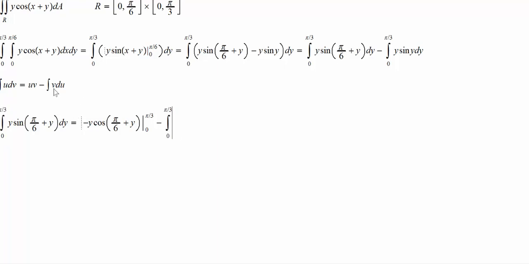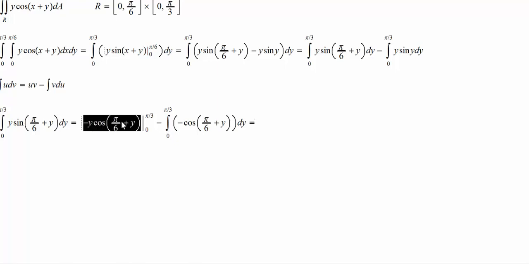So again, my v is negative cosine of pi over 6 plus y. I could have made that positive already, but let me not go too fast. And here, this would be simply dy. So what happens here?